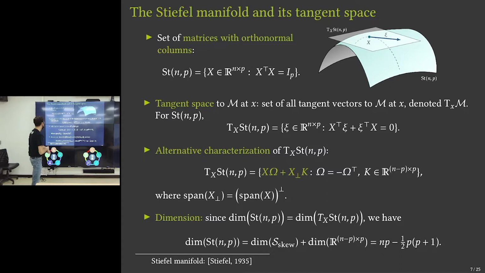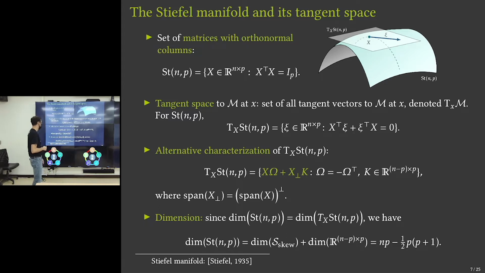And from this format, it's really easy to calculate the dimension of the Stiefel manifold, because the dimension of a manifold is equal to the dimension of the tangent space at a point.